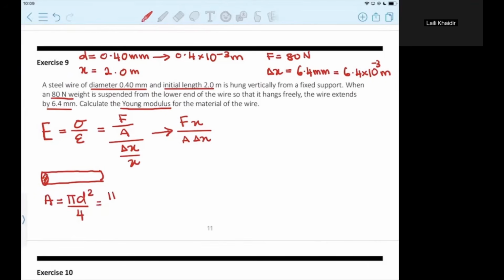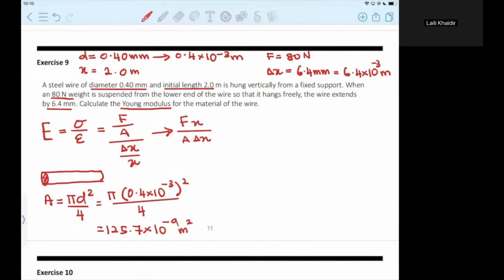Substitute pi and the diameter, which is 0.4 times 10 to the power of negative 3. Don't forget the squared over 4. So compute it on your calculator. You will have the area, which is somewhat 125.7 times 10 to the power of negative 9 meters squared.